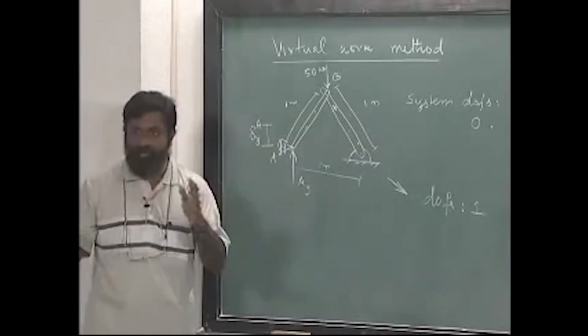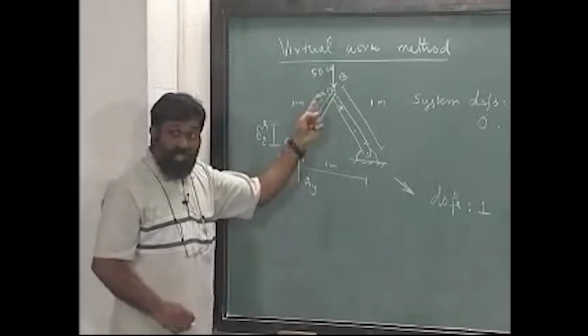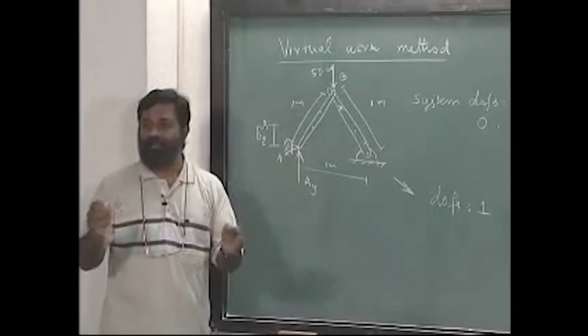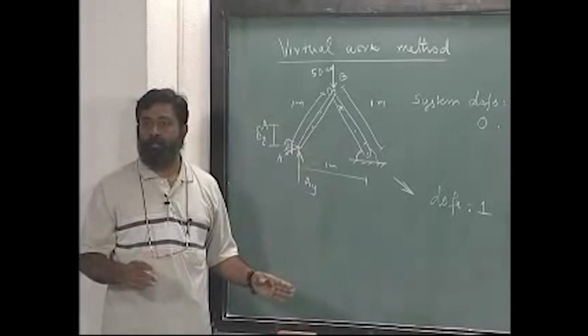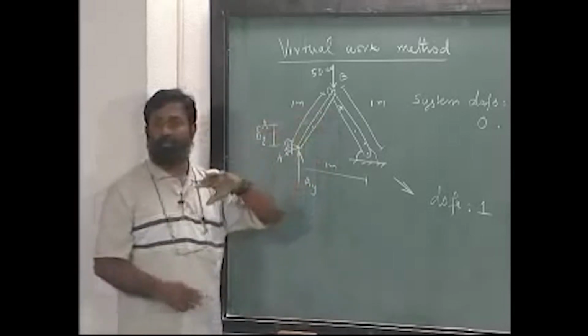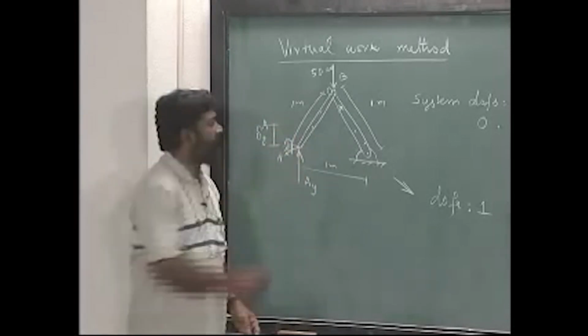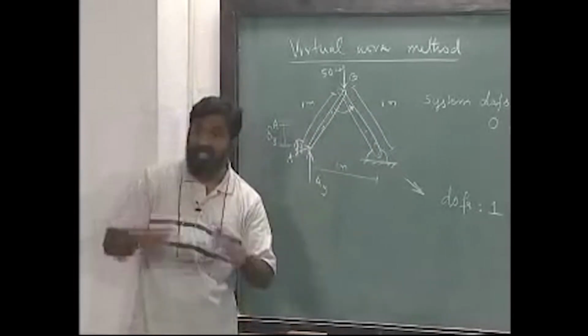Please do not misunderstand what I am talking about. I can choose any one of these displacements as the degree of freedom. The movement of all the other points can be determined using that particular degree of freedom. There are several options. For example, I can take the angle between this, the angle is changing.